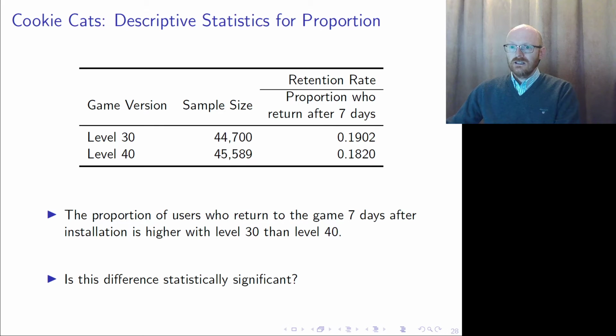So let's look at Cookie Cats, and we have the same samples which we used. We have the gamers at level 30. They are 44,700, and of all of those who downloaded and installed this game version 30, 19.02% return after 7 days.